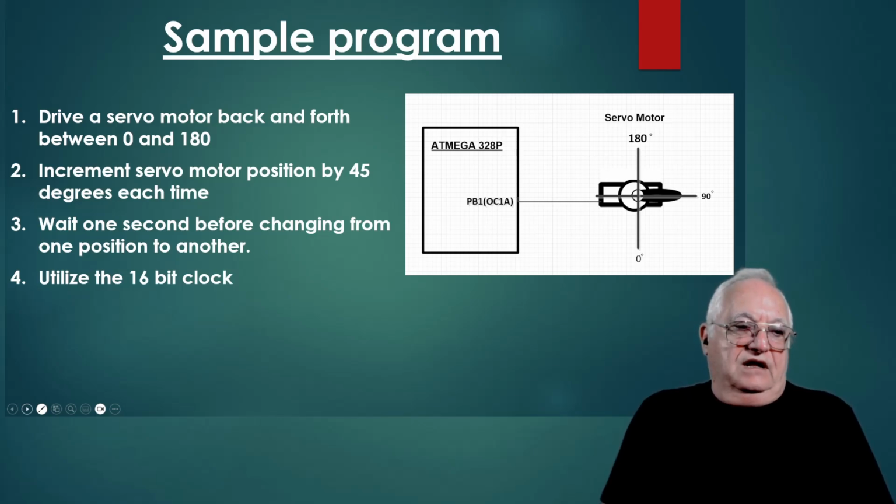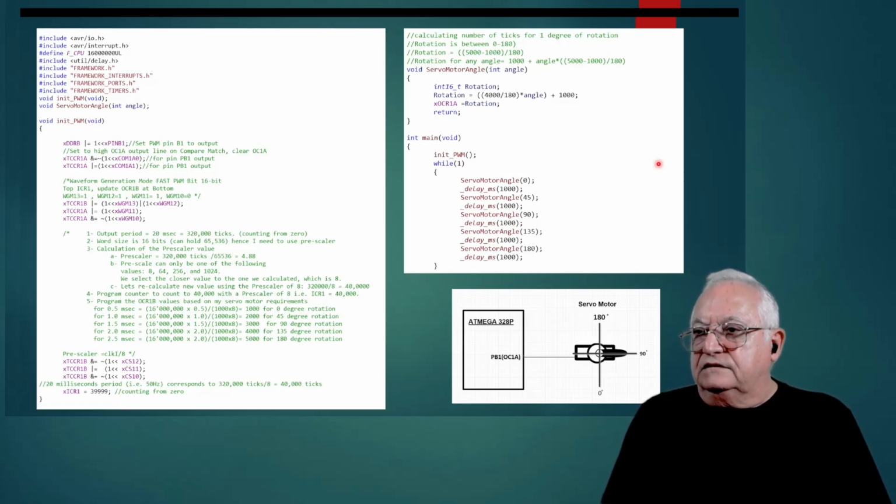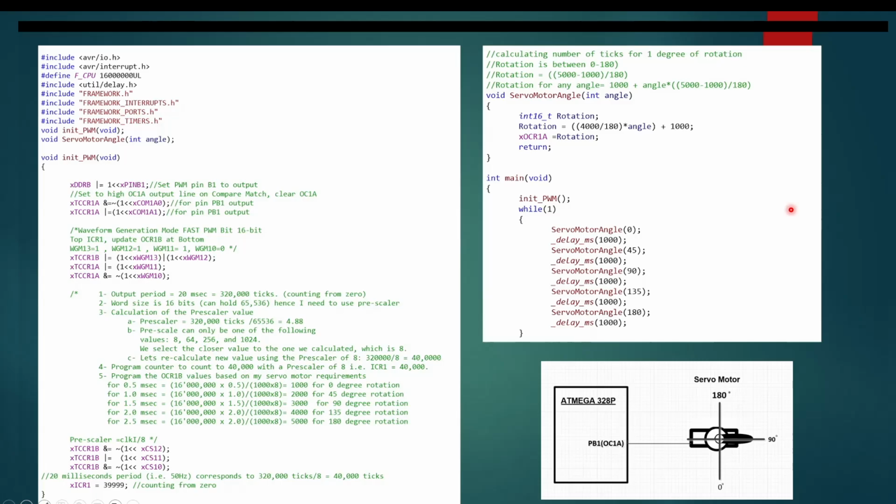Okay, so let's look at the sample code, the program source code. I will first give you a global view of this program. So we have the init PWM routine, which is the one that initializes the pulse width functionality.